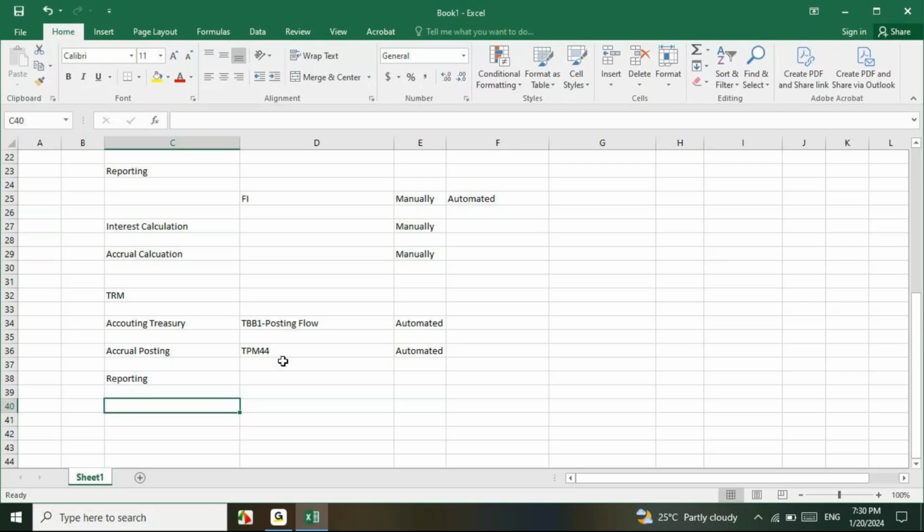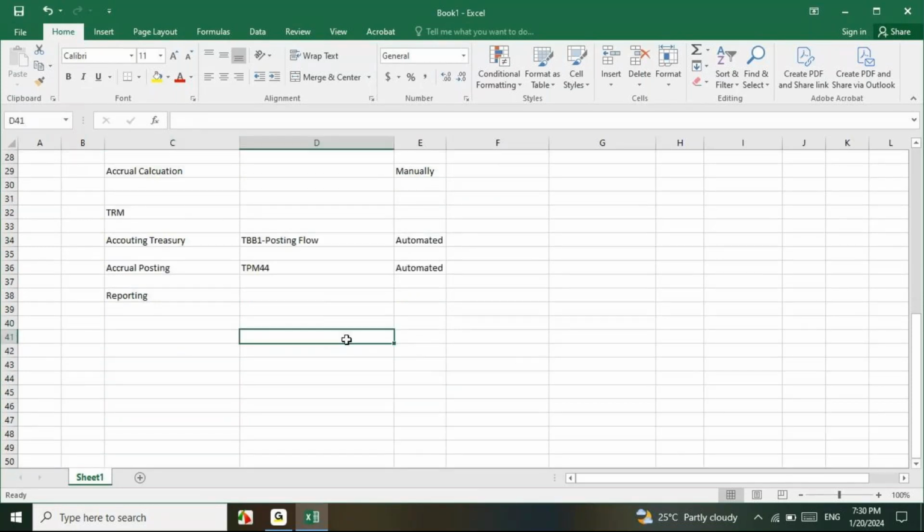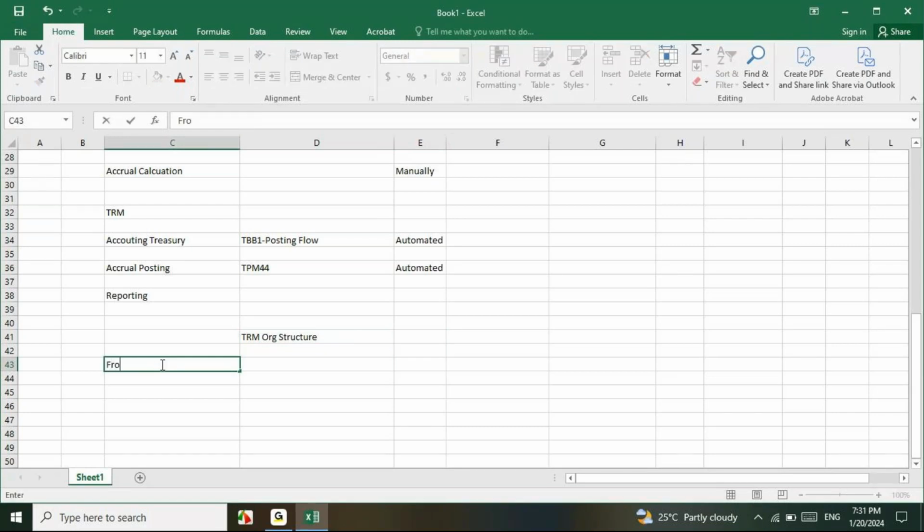I mean, the SAP treasury organization structure is broadly categorized as a TRM org structure. What is the org structure here? It would be front office, middle office, back office.